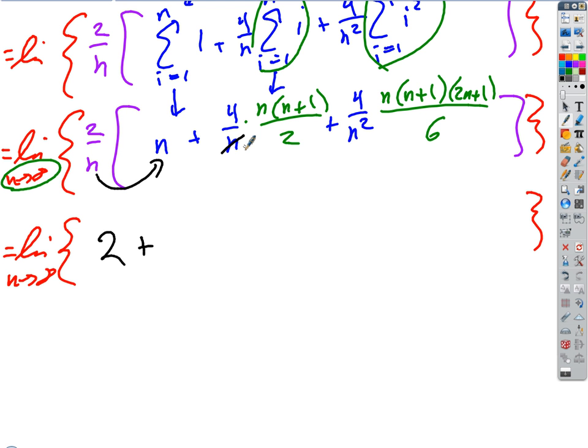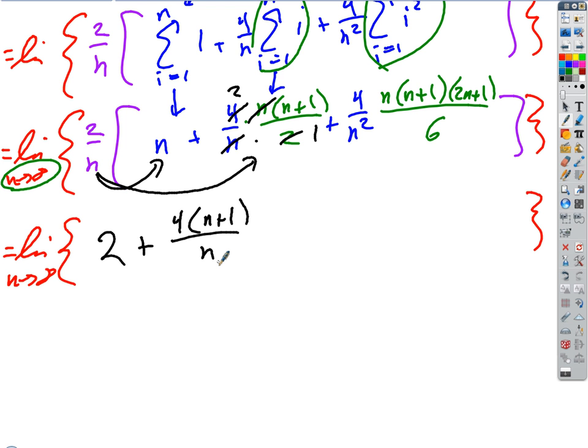The bottom is 4 times n times the quantity n plus 1. And so we could cancel those. Then when we distribute this 2 over n through this term, we get 2 times 2 on the top, which is 4 times n plus 1, all over n, right?